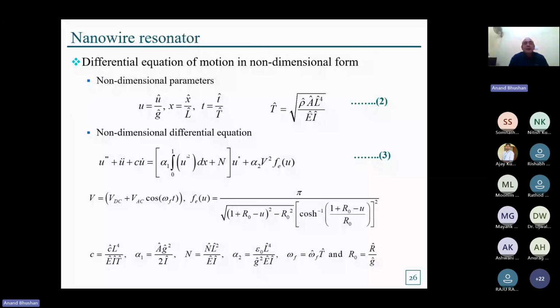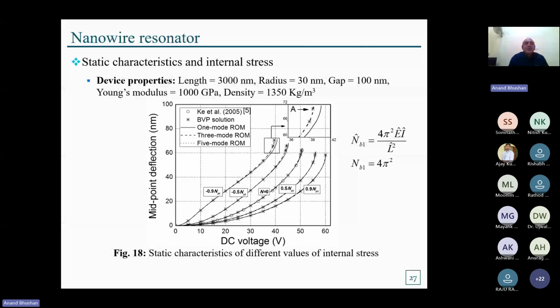Here we can see the static characteristics are similar to those of a microbeam resonator, but there are 5 different curves. These 5 different curves are related to different values of internal residual stress. When we have a compressive residual stress, with the same voltage we get much more deflection. And when we have a tensile residual stress, for the same DC voltage we get less deflection.